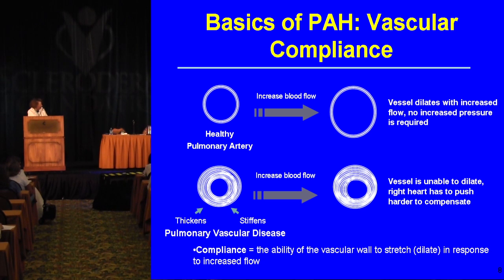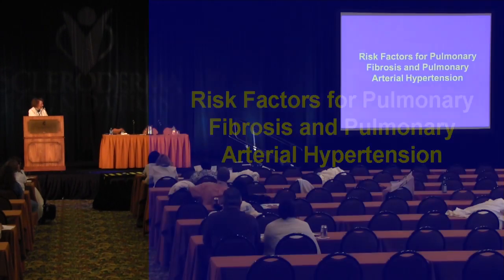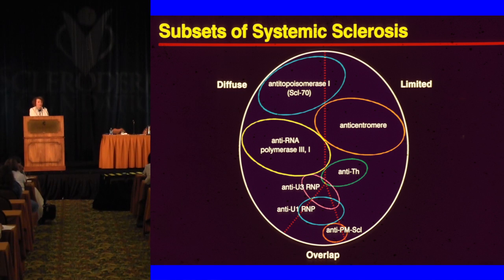Normally, if you have a pulmonary artery, when you have increased blood flow through it, it dilates nicely, but if it's thickened, as you try to push the blood through it, it becomes stiffer, and so it just doesn't expand as well, so the compliance of it makes it harder for the blood to get through that area, and then it backs up and puts pressure on the heart that's trying to get it through the blood vessels there. So the risk factors, we'll start out with the autoantibodies.